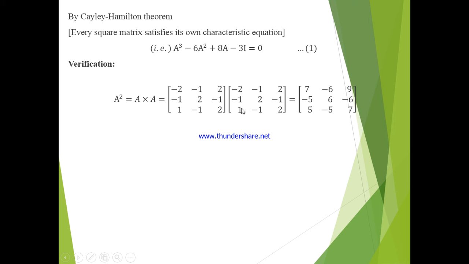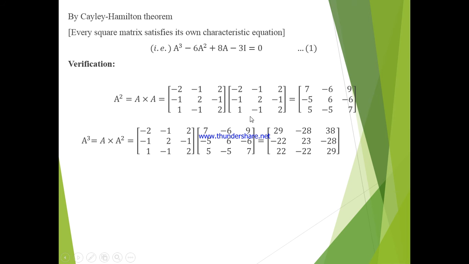Adding this, we get 7. In the same way, we find each and every term: first element, this row into this column, second element, this row into this column, third element. Like that, we find all the elements.